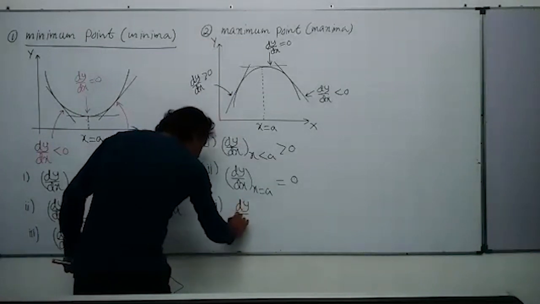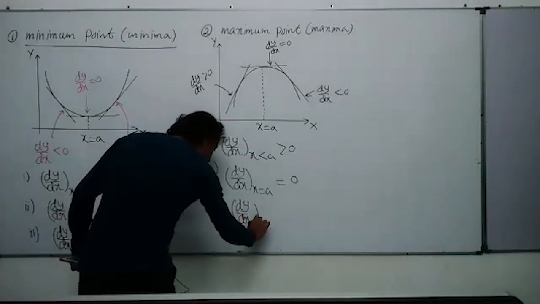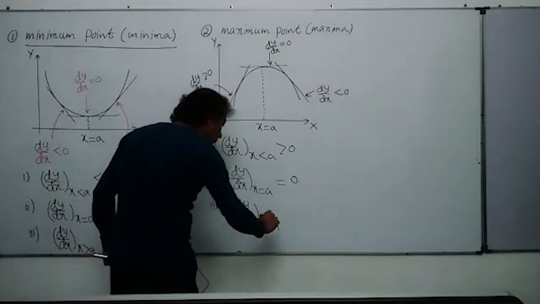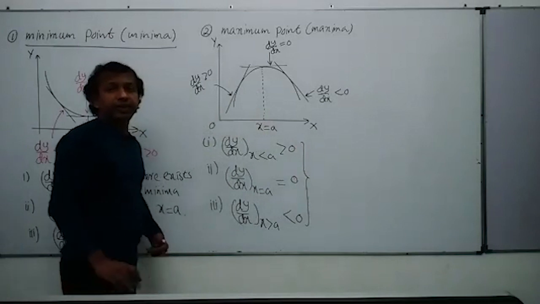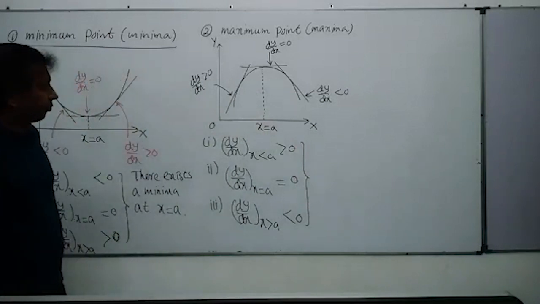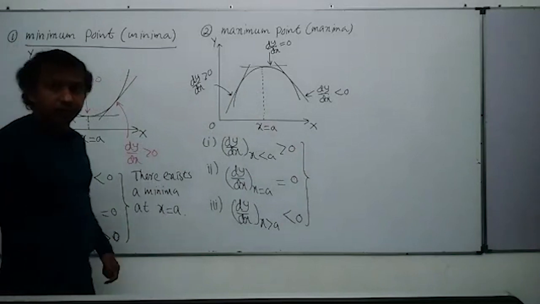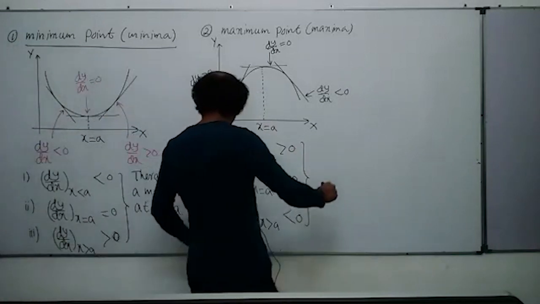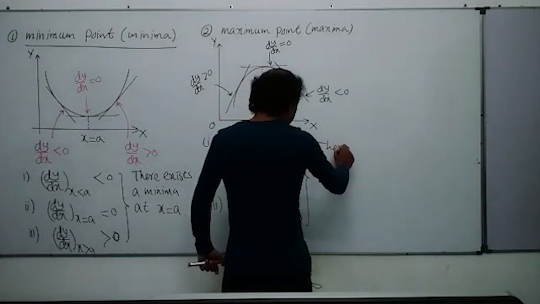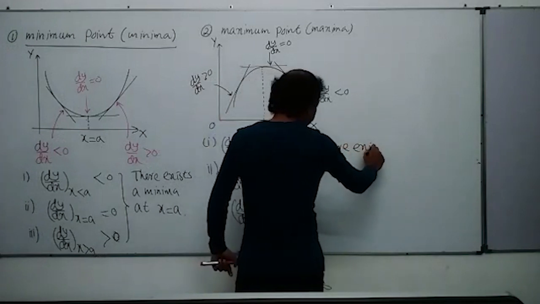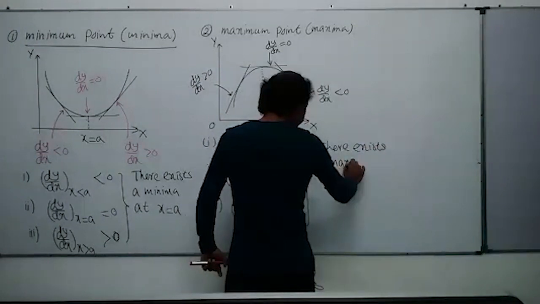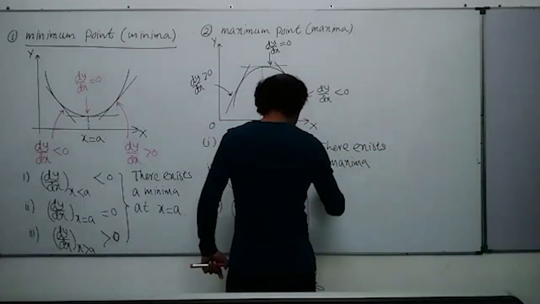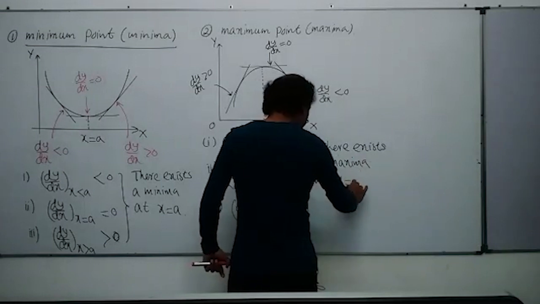Dy by dx, x greater than a, negative. These 3 together create a maximum point at x equals a. There exists a maxima at x equals a.